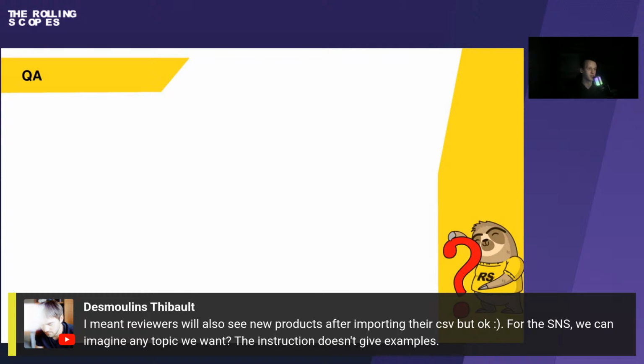The instruction doesn't give examples, so just anything. It will be just the implementation of the SNS, and you should know how to create the SNS topic and how to use it, and mostly it's just for you. I believe it can be checked by the reviewer only from the perspective of the code.